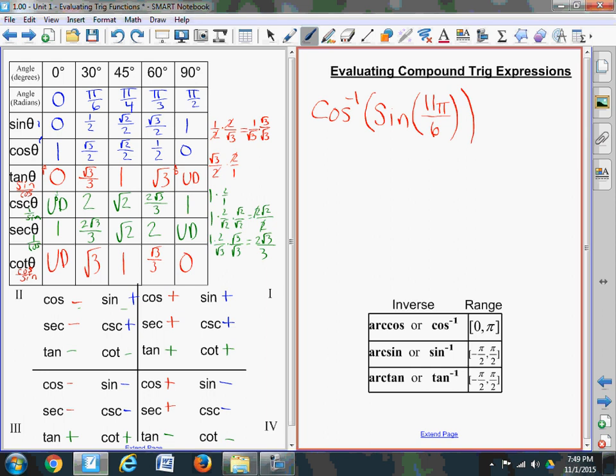Its reference angle is pi over 6. So it's the inverse cosine of negative 1/2. Well, 1/2 for cosine is 60 degrees, but we're going for the second quadrant angle. So it'd be 120 degrees, or 2 pi over 3. Remember, cosine has a range between 0 and pi. So when you're doing the inverse cosine of a negative, you don't get a negative out.